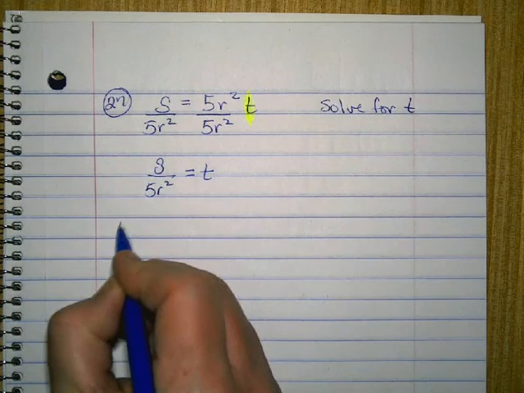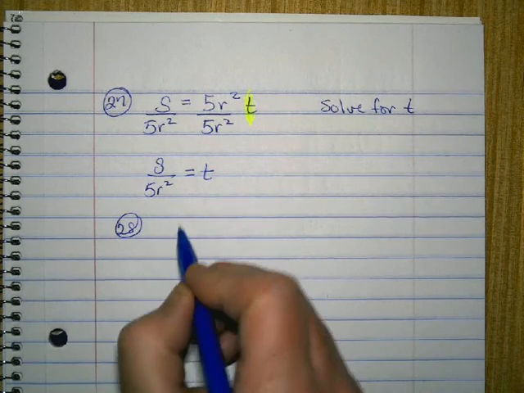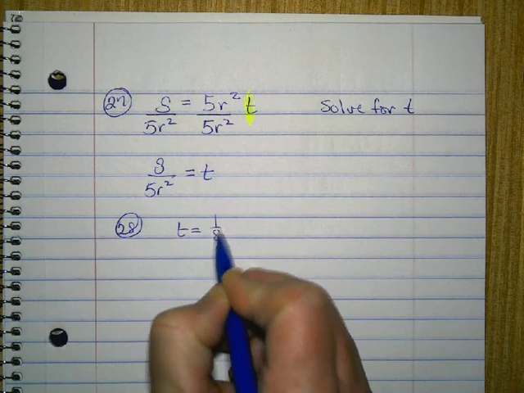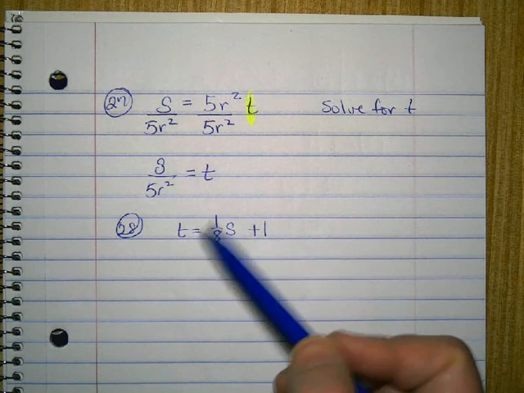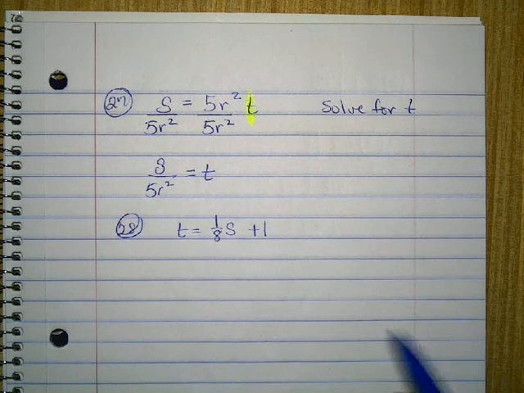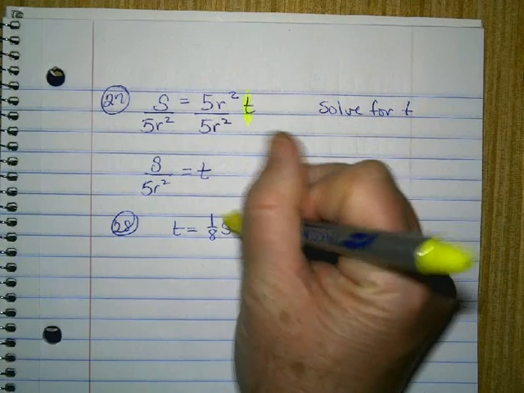28 says the formula for the time that a traffic light remains yellow is t equals 1/8 s plus 1. No, not 1/8 of a second. That's 1/8 of the speed. T is time, s is speed. Solve for s. So we've got to isolate the s.